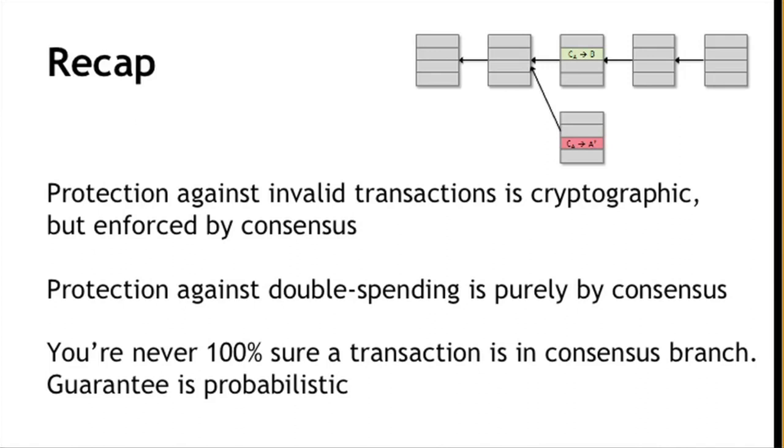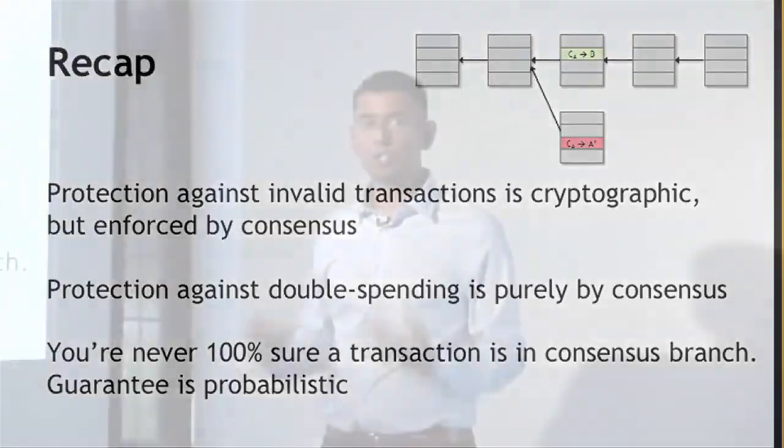Cryptography has nothing to say about this, and the two transactions that represent a double spending attempt look identical from the perspective of signatures and so on, but it's the consensus that determines which one will end up on the long-term consensus chain. And finally, you're never 100% sure that a transaction you're interested in is on the consensus branch, but this exponential probability guarantee is pretty good. After about 6 confirmations, there's virtually no chance that you're going to go wrong.